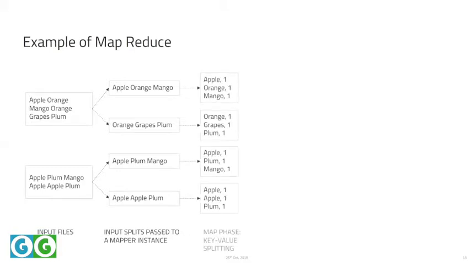At the map phase, my function assigns a value to each of these keys, the keys being the fruits. For example, for my first input split, I know I have one apple, one orange, and one mango, and that's it. This is what this part of the function does.